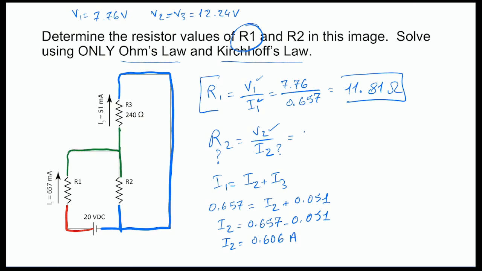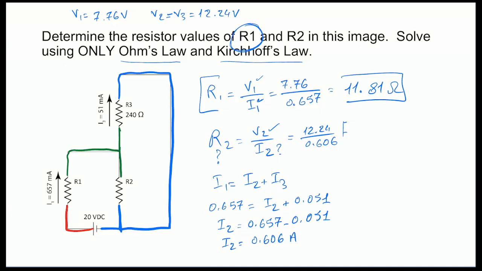So V2 being 12.24 divided by 0.606, and the answer is going to add up to 20.198, so I would say 20.2 ohms, and that's R2.